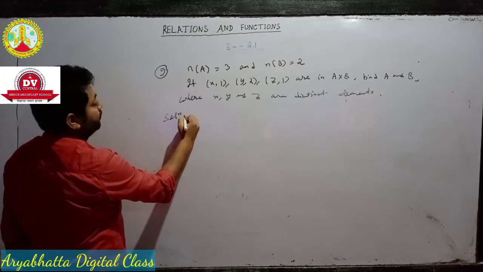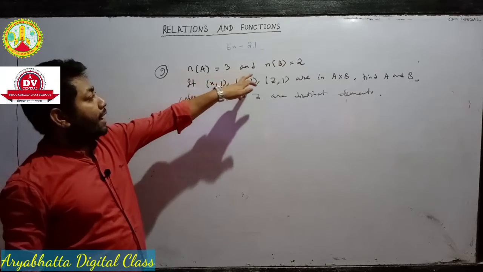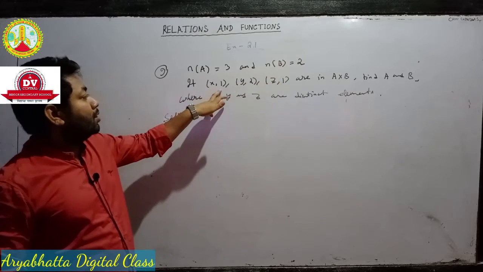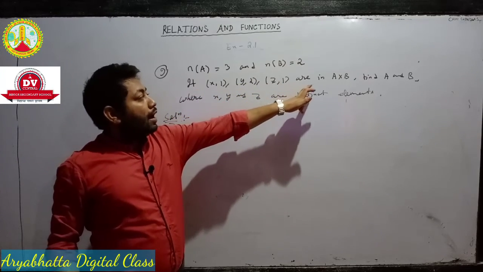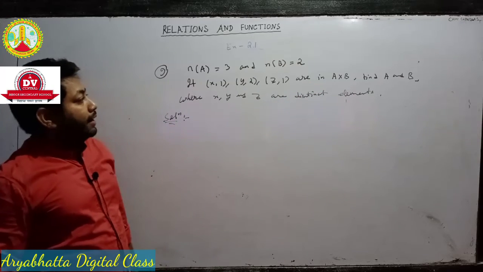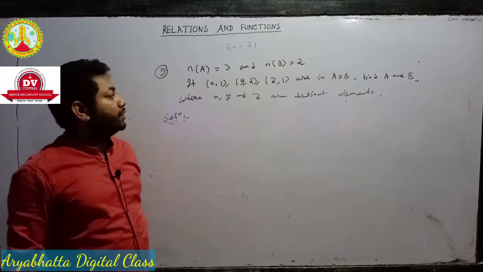Solution. If n(A) is 3 and n(B) is 2, and the elements (x, 1), (y, 2), (z, 1) are in A × B, find A and B where x, y and z are distinct elements.